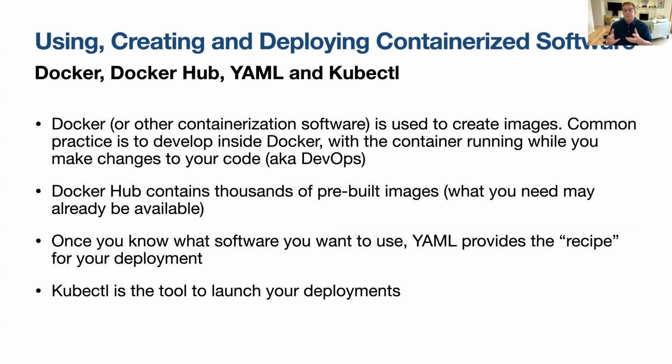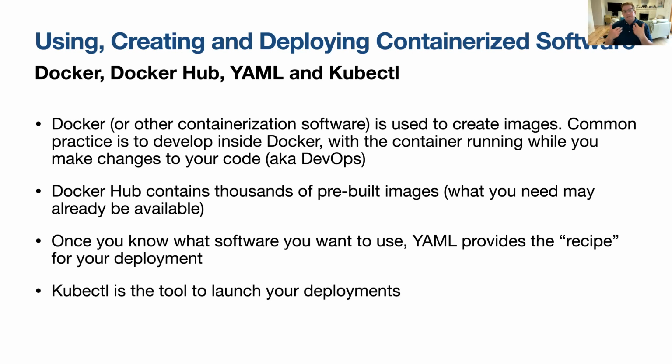So in order for you to gather up your ingredients, your software, you're going to need to either use someone else's software or create your own, and then eventually deploy it up to the cluster. Docker or other containerization software is used to create images or software containers.